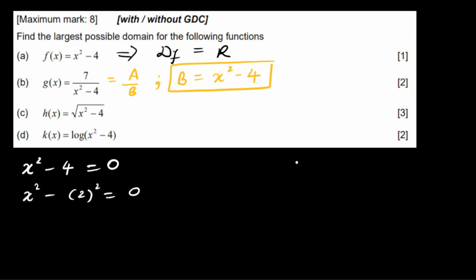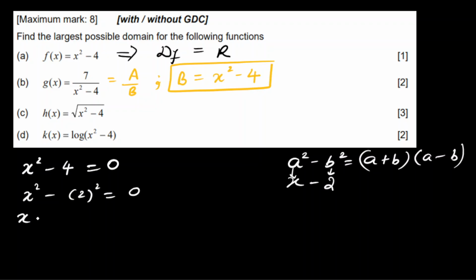So here I can use an algebraic identity. a square minus b square, we know, is a plus b into a minus b. Here a is x and b is 2. So this is equal to 0.